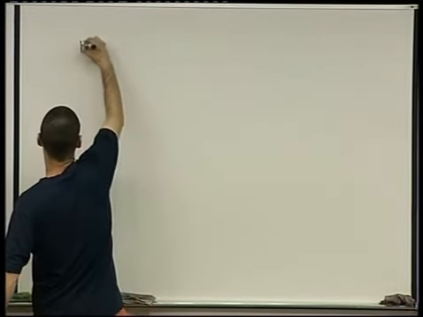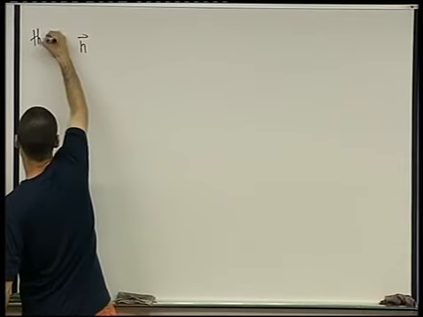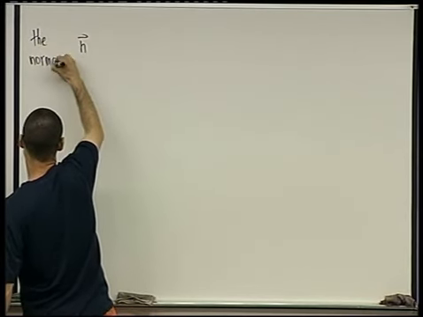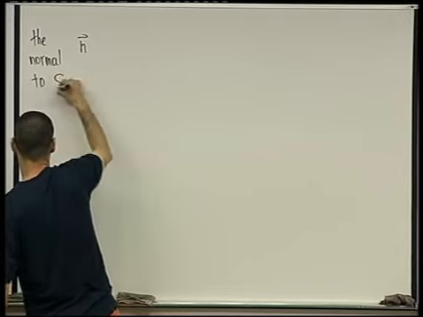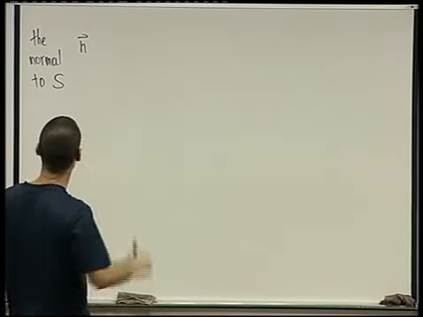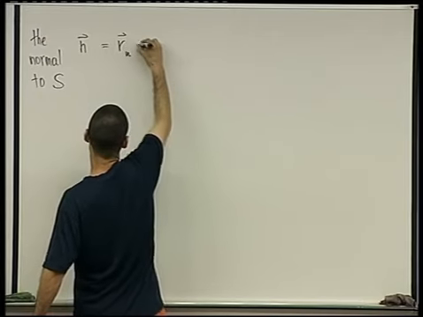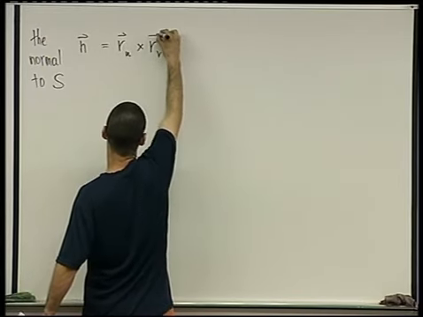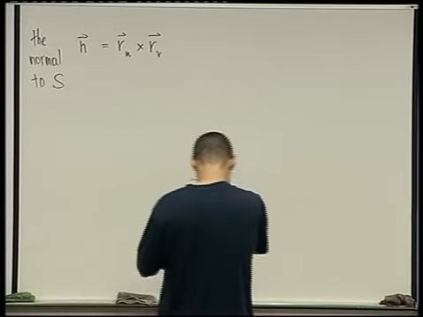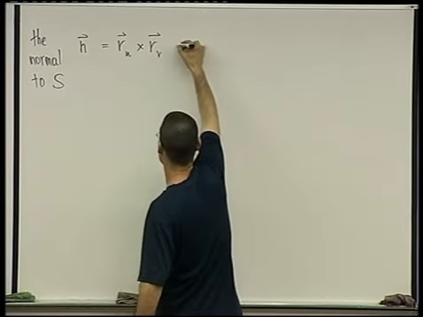So the normal vector to the surface S is given by Ru cross Rv. And you can calculate, of course, its coordinates, right?